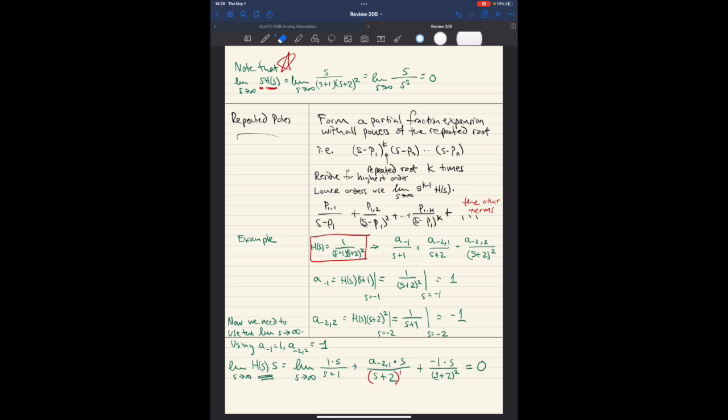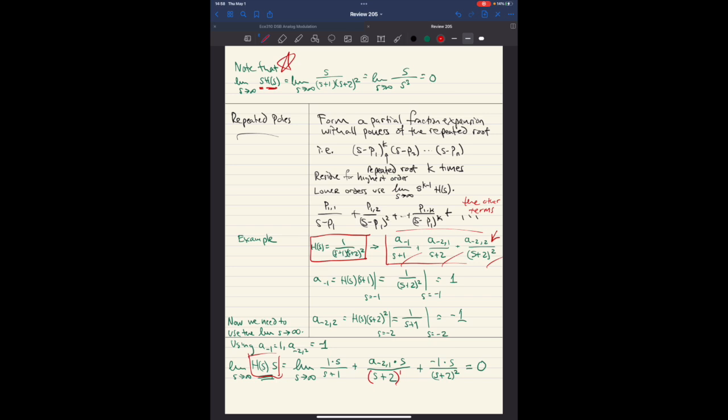Now, why is that a good thing? Well, if I look down here again, and I say, okay, I've taken H(s) times s, but now instead I'm going to look at the other side of the expression and multiply all of these different terms by s. As it turns out, this one here is going to zero out for me.